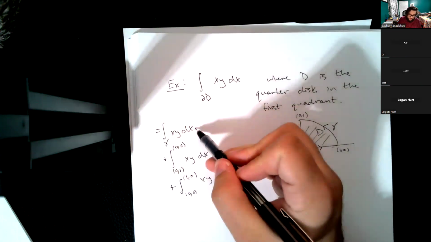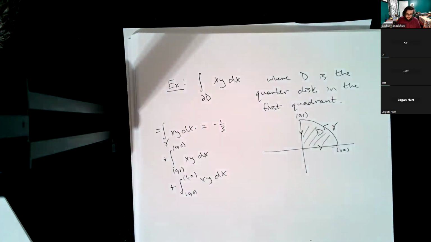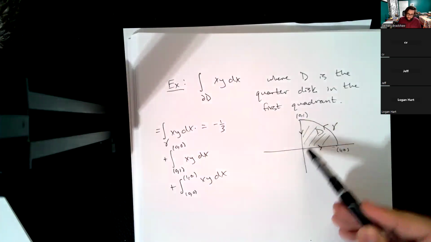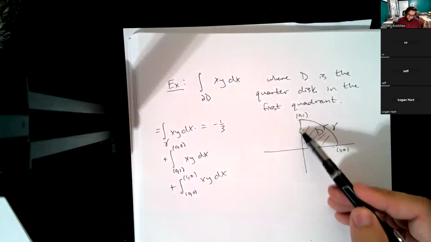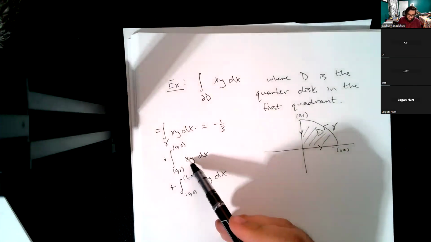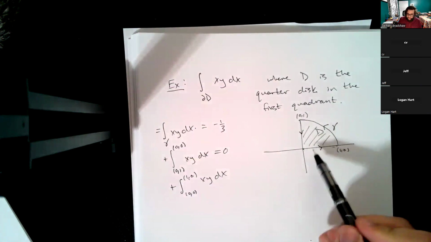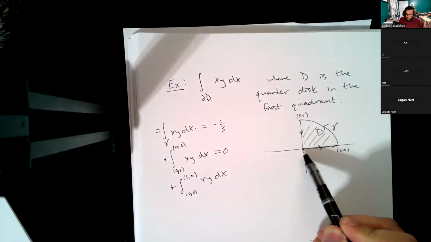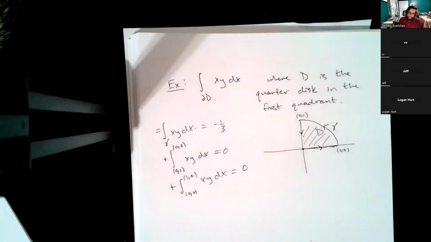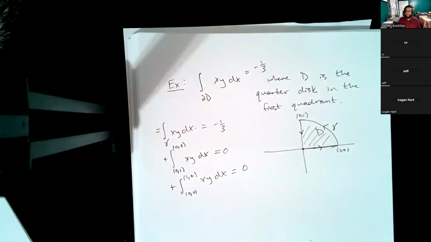Okay, well, we already computed this guy. This was minus a third. And what's this guy? Well, along this line, we can parameterize it so that x is 0. But if x is 0, then this integrand is 0, and so this thing should be 0. And then along this horizontal line, y is 0, right? We can parameterize it that way, and we'll find again that this guy is 0. And so in total, this integral is again equal to minus 1/3.